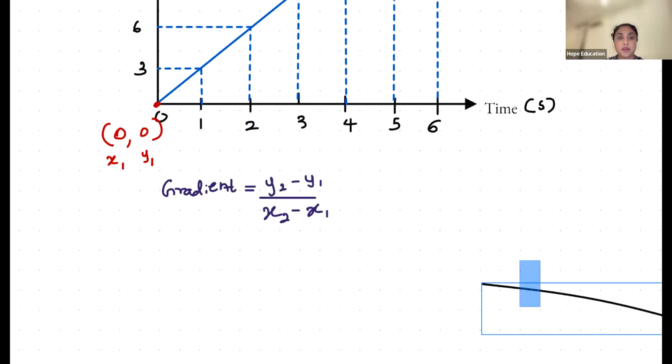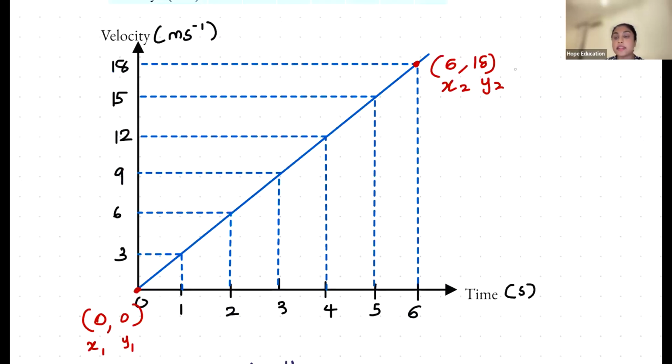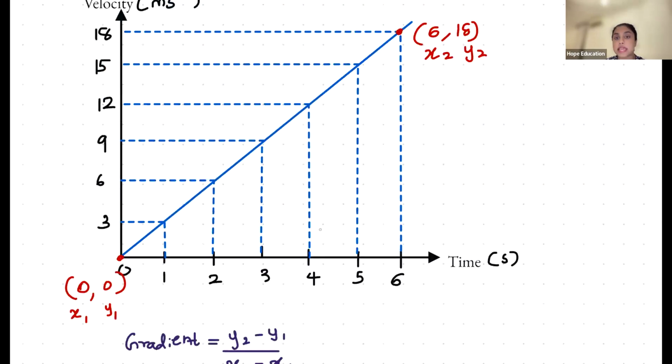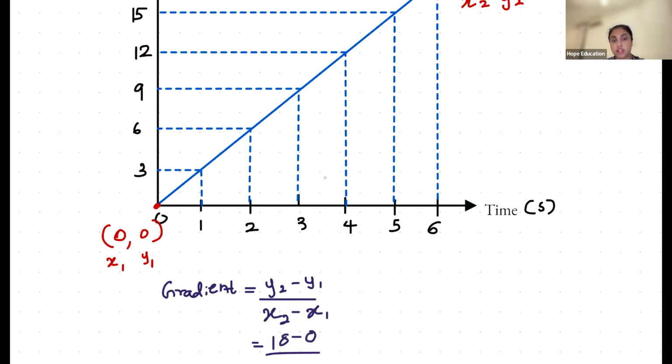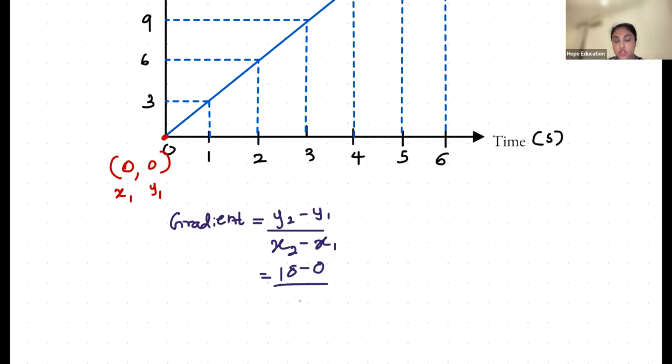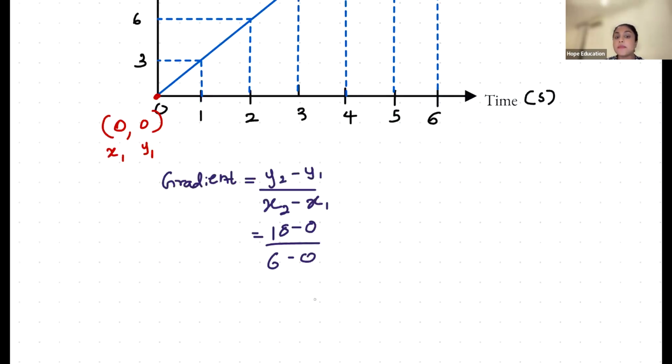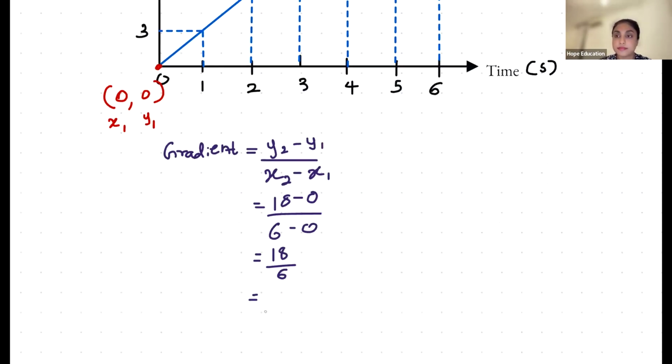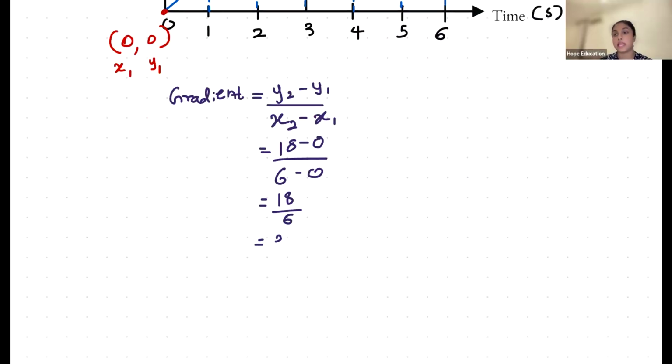So y2 is 18, y1 is 0, so 18 minus 0. x2 is 6, x1 is 0, so 6 minus 0. 18 minus 0 is 18, 6 minus 0 is 6. So 18 divided by 6, what is the answer? 3. The gradient is 3.